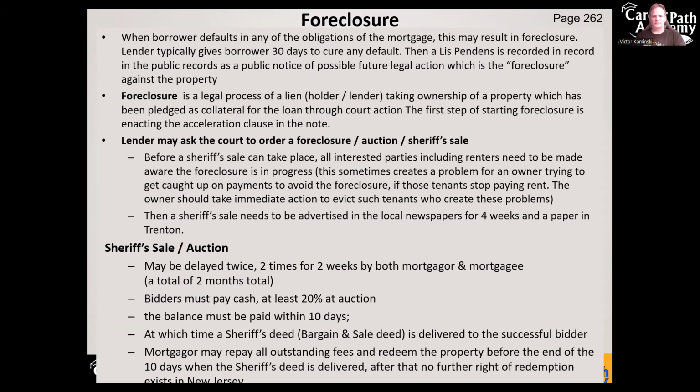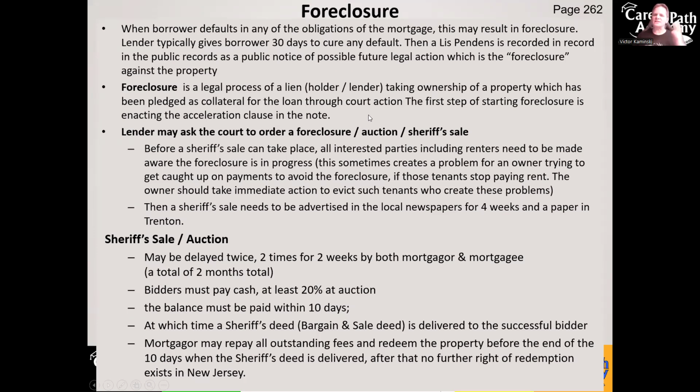All right, so let's continue reading here. Foreclosure is the legal process of a lien holder or lender taking ownership of a property which has been pledged as collateral for the loan through a court action. The first step of starting foreclosure is enacting the acceleration clause in the note, calling the entire debt due and owing immediately, right? Or we could even add that in there.